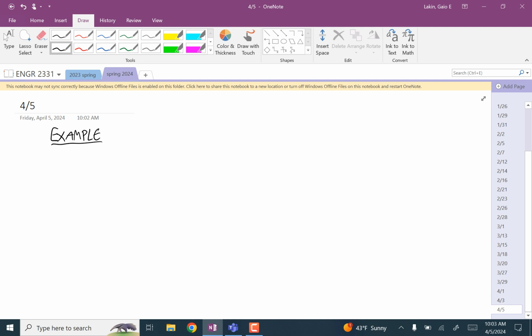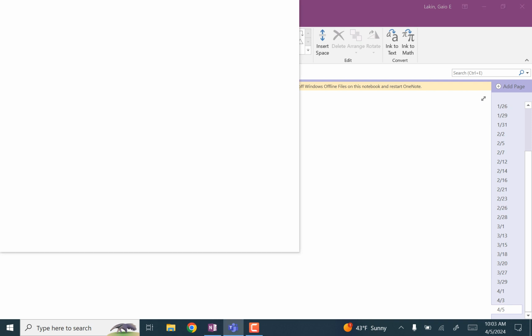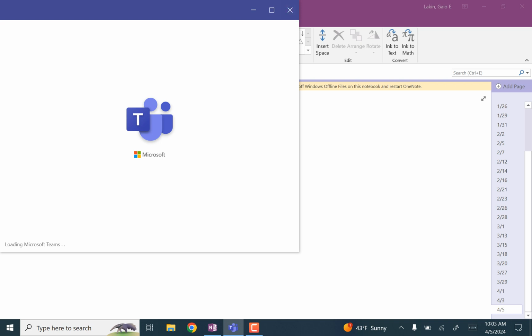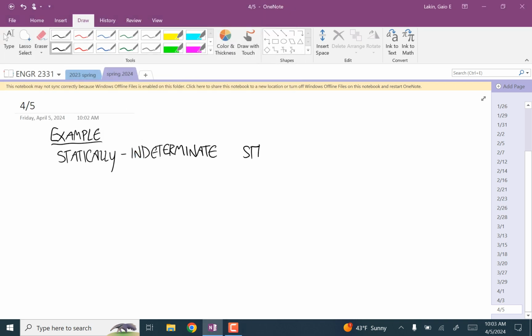Okay, so this is a statically indeterminate structure with deflection.